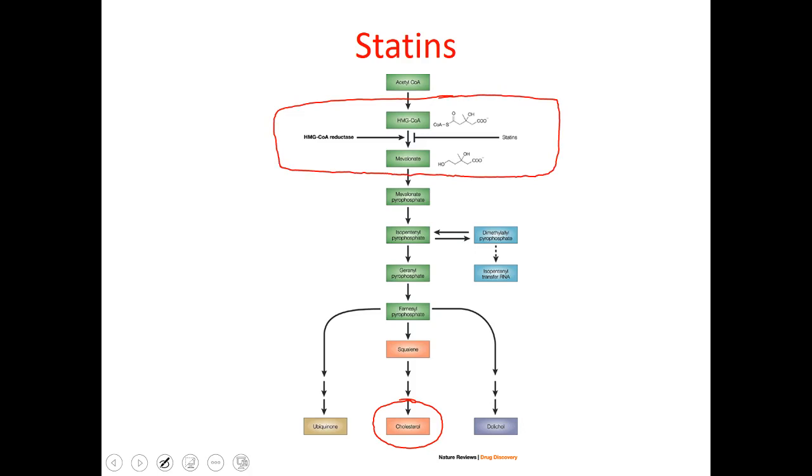One of the pre-final steps involves conversion of a molecule called 3-hydroxy 3-methyl glutaryl CoA to mevalonic acid, and this reaction is mediated by the enzyme hydroxy methyl glutaryl CoA reductase, shortly HMG CoA reductase.